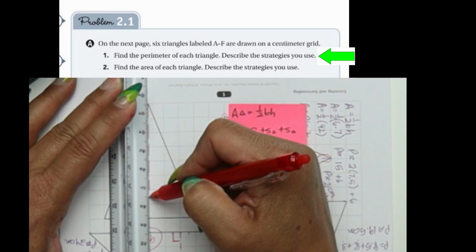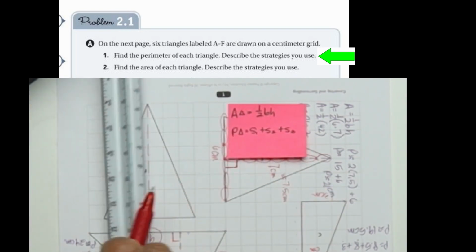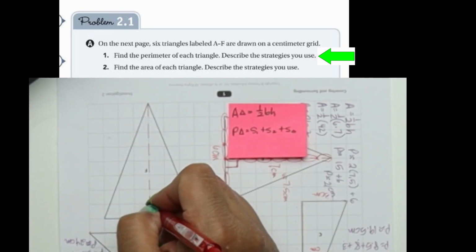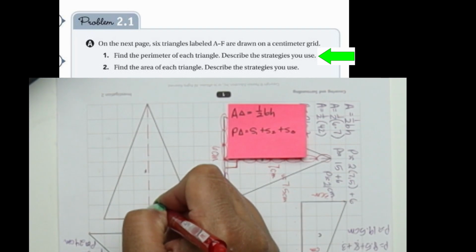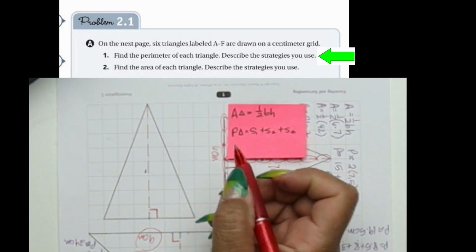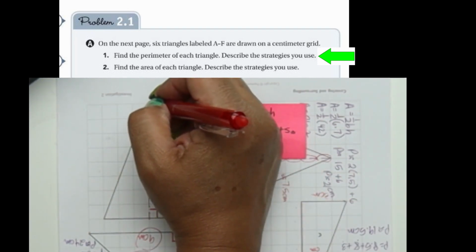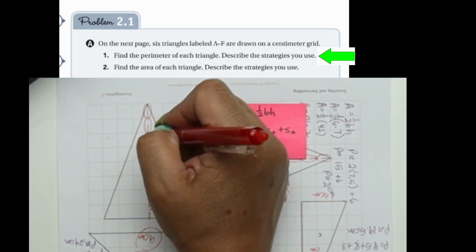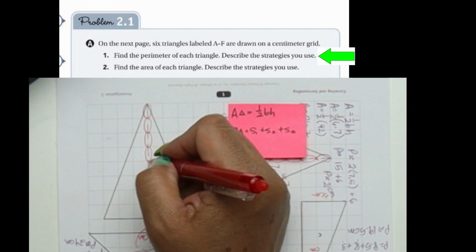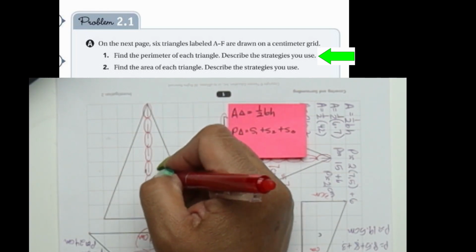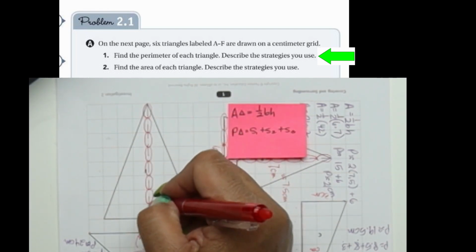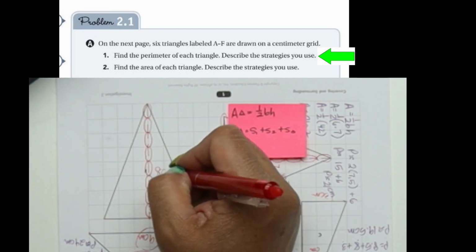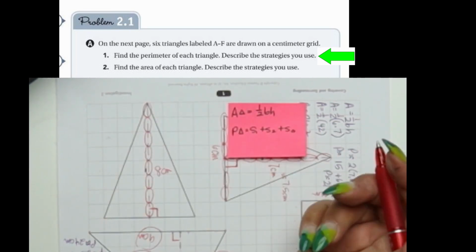Height, and that means it is a right angle, and that can be my height. So let's count the height. How many centimeters? Here's 1 centimeter, 2, 3, 4, 5, 6, 7, 8. So there's 8 centimeters in the height of this triangle.